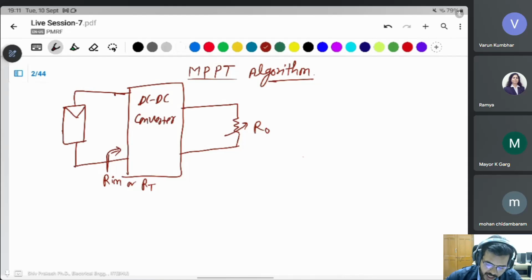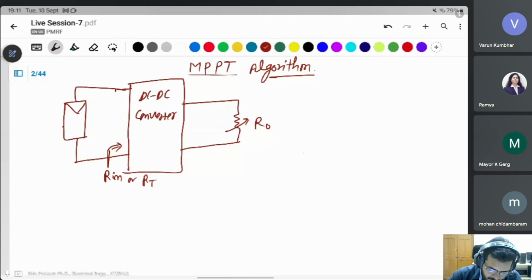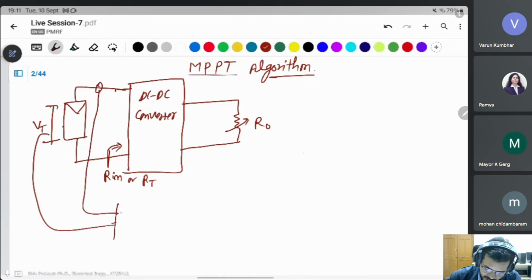Then you should design a controller like that. Take the voltage Vt and sense the current, and make the power.